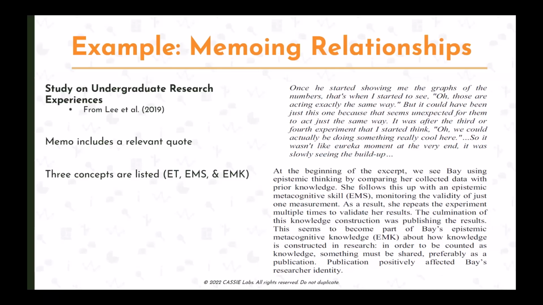So it's connecting a way of thinking with behaviors, with your way of constructing knowledge. Those are 3 different ideas being linked up in this one experience, all to show how Bay is seeing the social construction of scientific knowledge unfold.